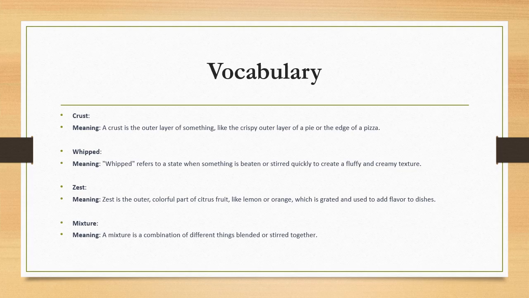Next word is zest. Zest. Meaning, zest is the outer colorful part of a citrus fruit, like lemon or orange, which is grated and used to add flavor to our dishes.